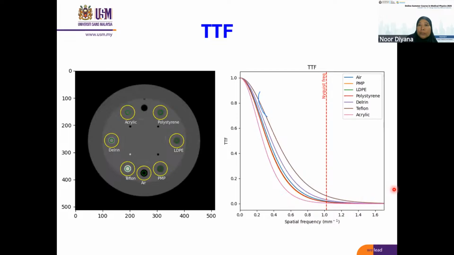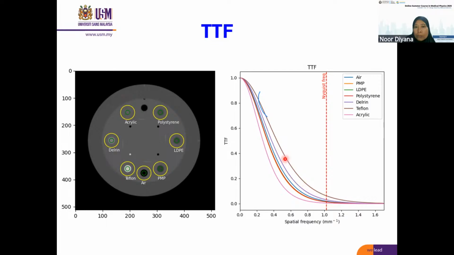And then it will calculate the TTF curve. As you can see here, different inserts give you different curves. The lowest is the acrylic, because acrylic has the lowest contrast with the background, and the highest is Teflon.